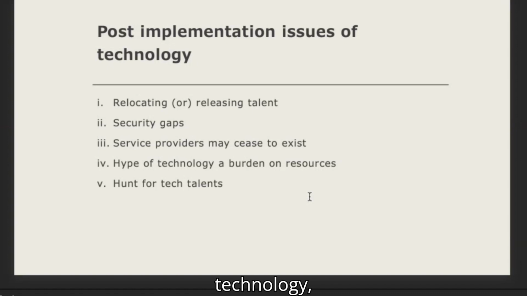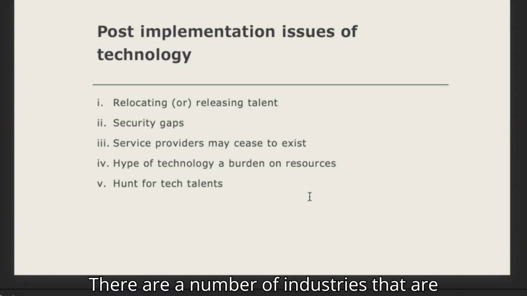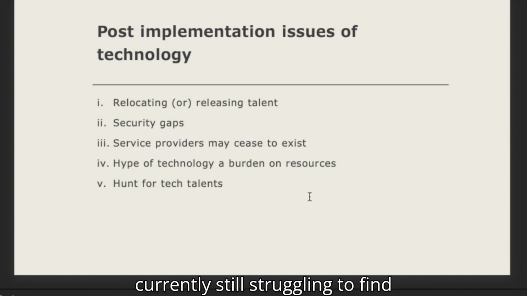The hunt for technical talent. So with the use of technology, there are a number of industries that are currently still struggling to find the correct talent to use that technology. That may include insurance, manufacturing, service organizations, and other established industries.